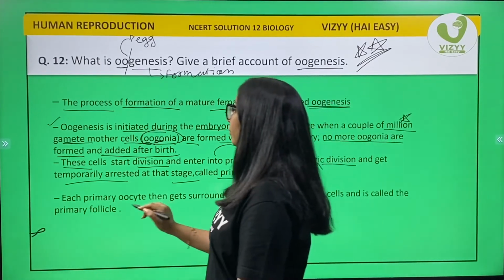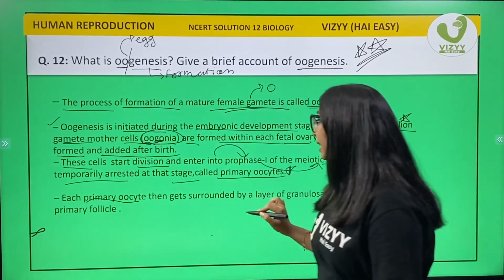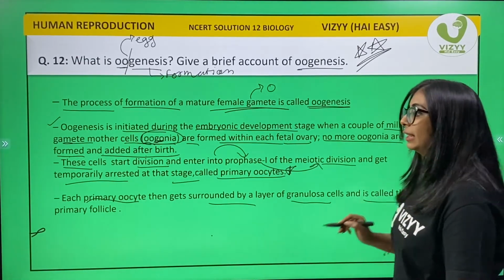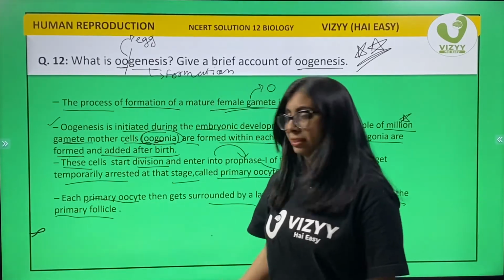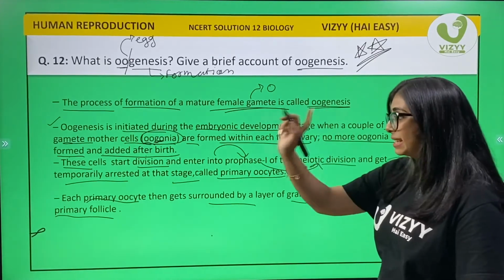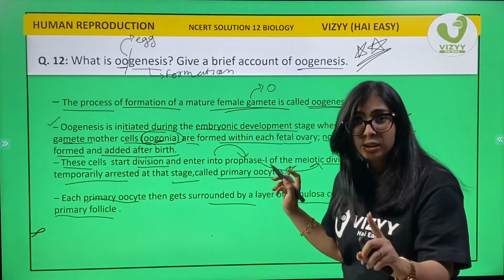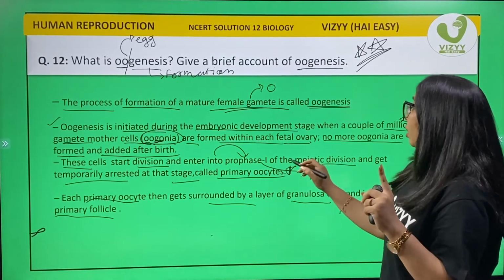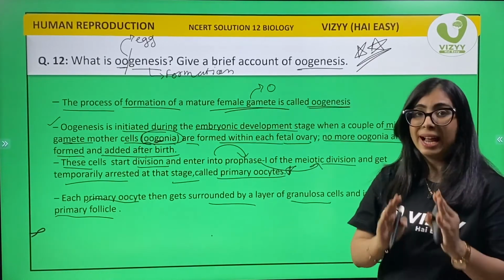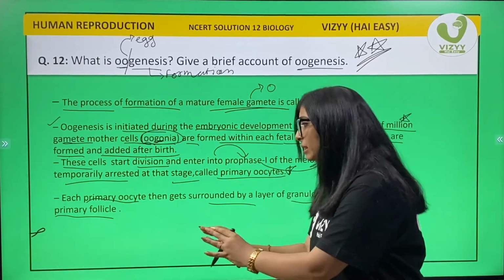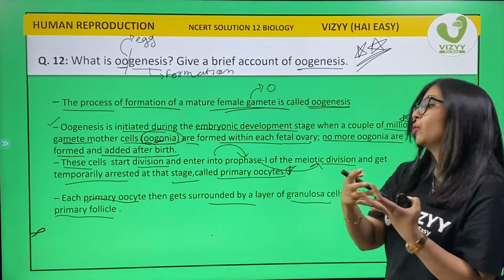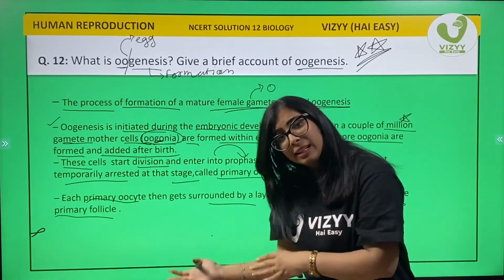Each primary oocyte then gets surrounded by a layer of granulosa cells, called the primary follicle. Students, you're supposed to remember that it enters prophase 1, then gets temporarily arrested at the stage called primary oocyte, which is surrounded by granulosa cells known as the primary follicle.